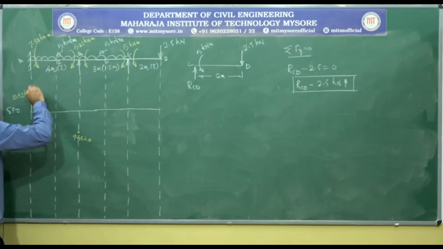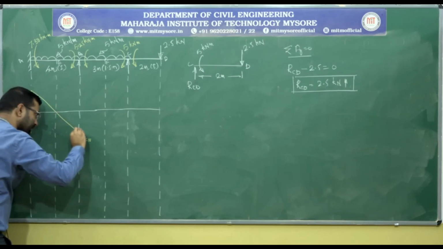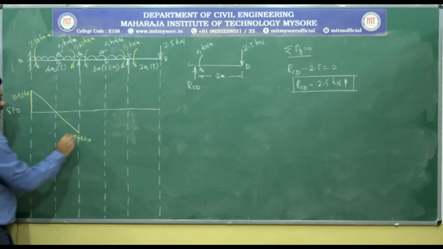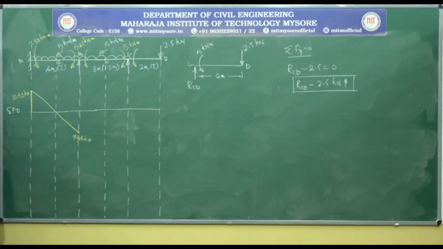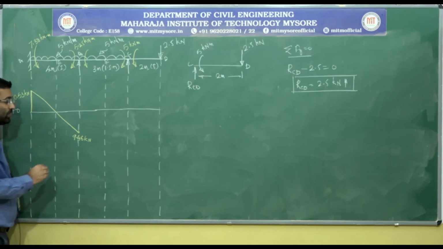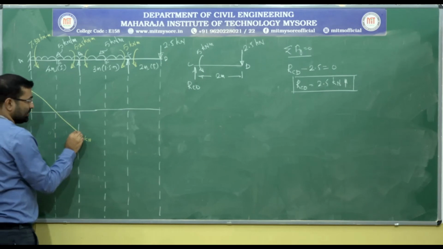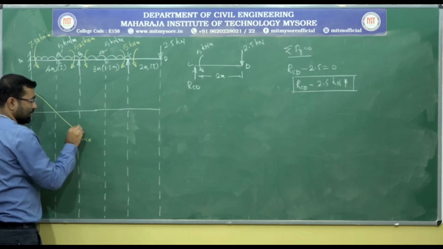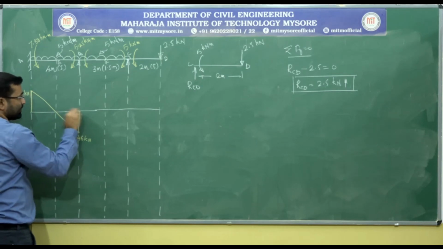Because of the UDL, the variation will be linear, and at point B we have a reacting component RBA, which is about plus 9.4. This is minus 9.4 plus 9.4, it is 0. So I have to take this line up to the 0 line or datum line.